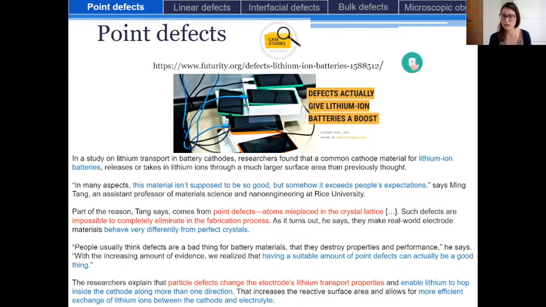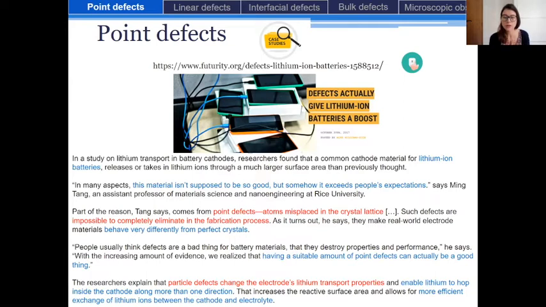But in fact, they observed that it turns out that they make really weird electronic materials behave very differently from perfect crystals, and that they have, in fact, better transport properties. And so basically, these defects allow to increase the reactive surface area.